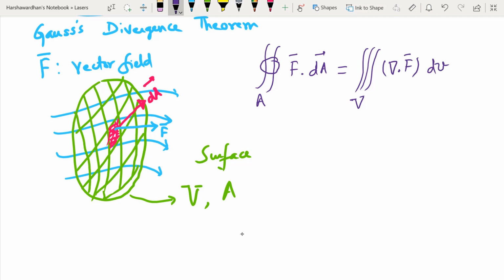Remember that this V is precisely the volume contained within that closed surface A. So I'm indicating the closed surface by this circle over the integral. I hope this is clear. I'm not going to look at the proof of this, but we are going to utilize this to go from the integral form of Maxwell's equations to the differential form.